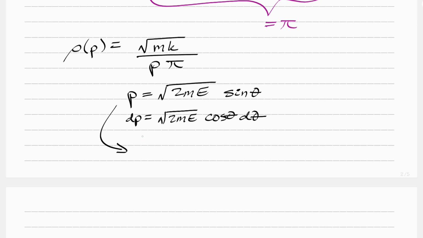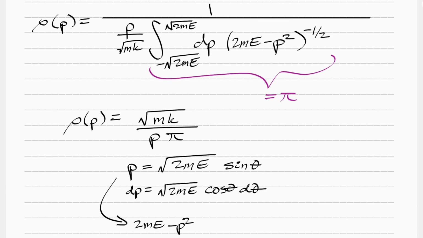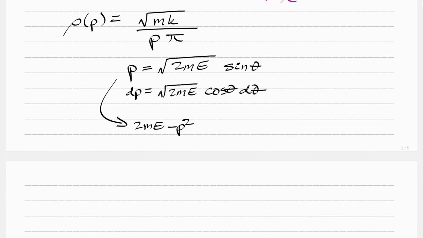And the reason why we actually do this is because this allows us to write the quantity 2mE minus p squared, which you'll see obviously shows up right here to the minus 1/2 power. But that quantity 2mE minus p squared is actually just 2mE times 1 minus sine squared theta, or in other words 2mE cosine squared theta.